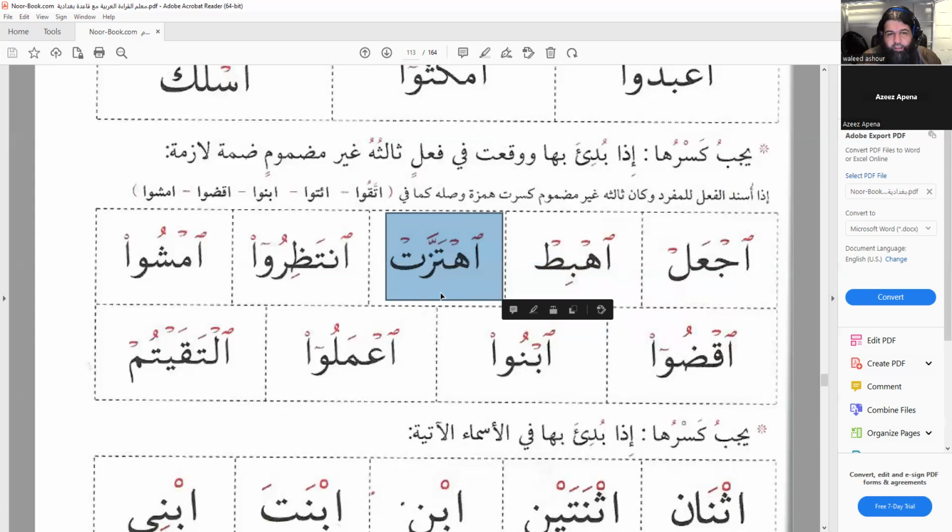What is a rock with a dot? Yes. Ihtazzat. Very good.